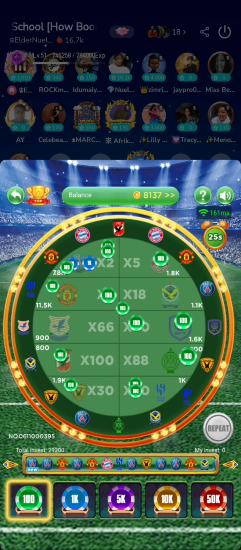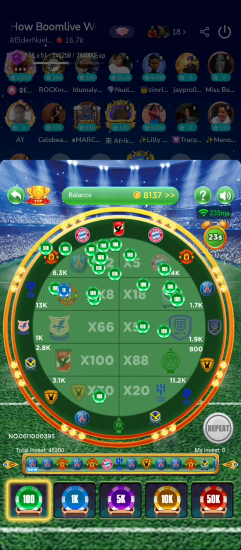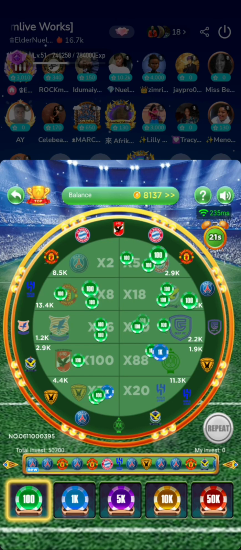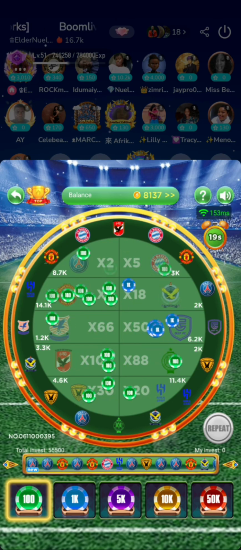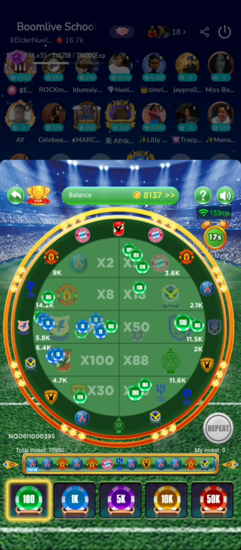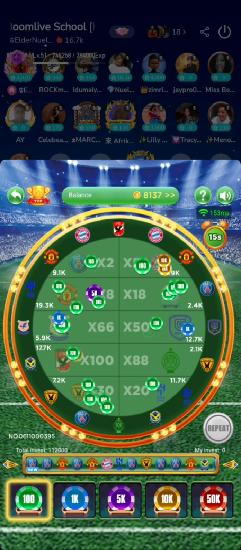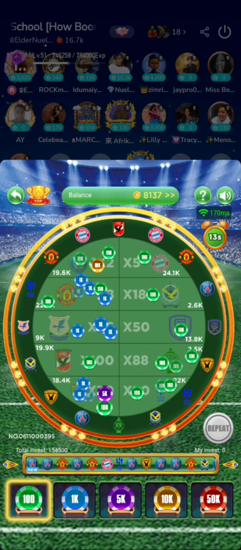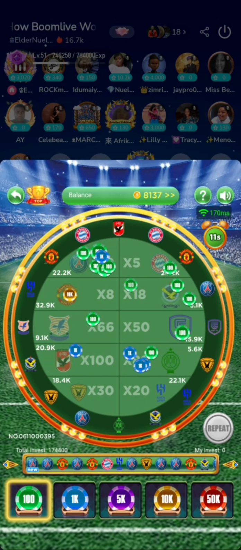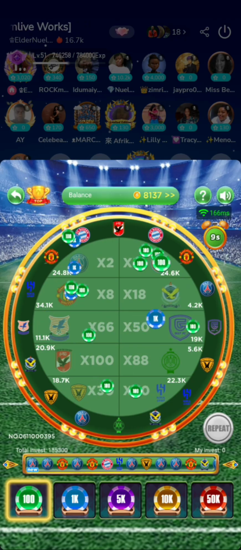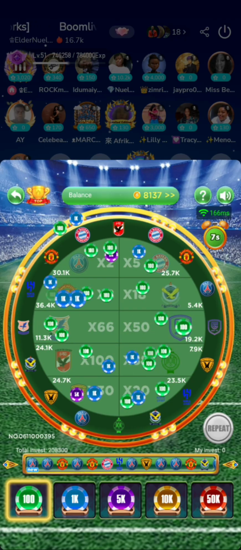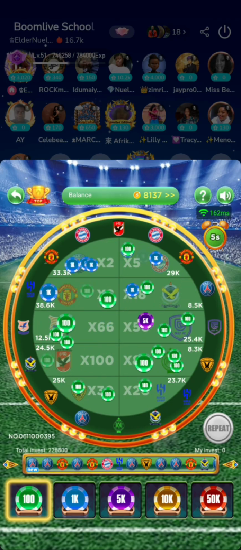The way you play bounty football is by picking a number, or staking some coins on a number or series of numbers, with the intention of winning. You predict which number is going to come, and you have 30 seconds to do that.